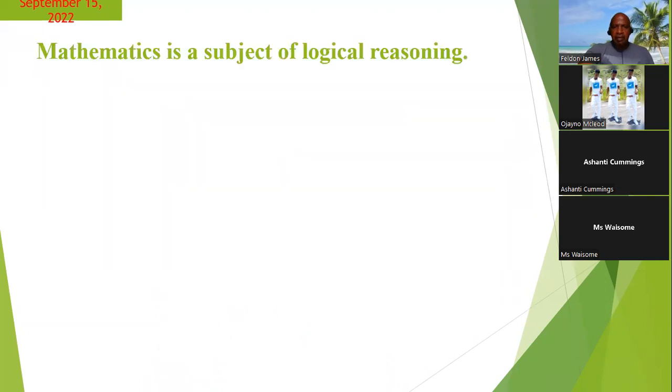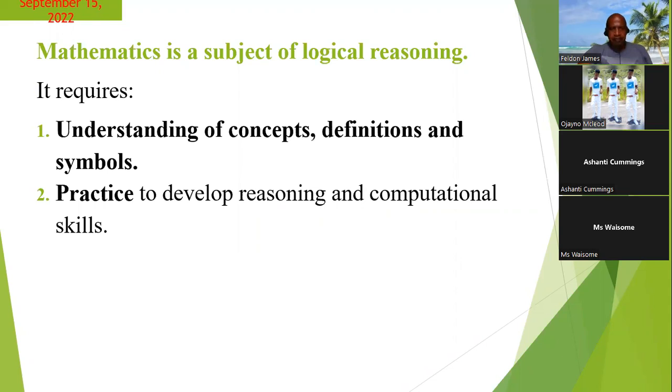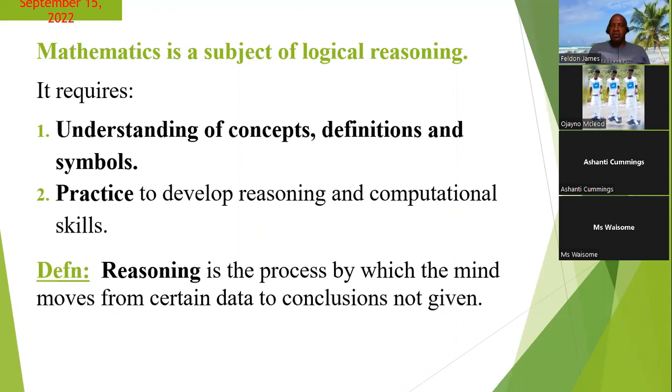All right, now, just to make note, mathematics is a subject of logical reasoning. And I had mentioned to you what logical reasoning is. So when you're doing logical reasoning, you're aiming to find out the truth. And if something is not true, then it is false. So in the world of logic, something can either be true or false. And sometimes if it is not true or false, then you can imply, right?